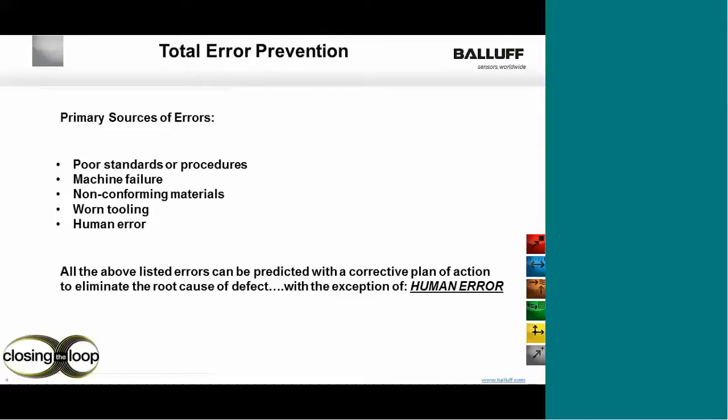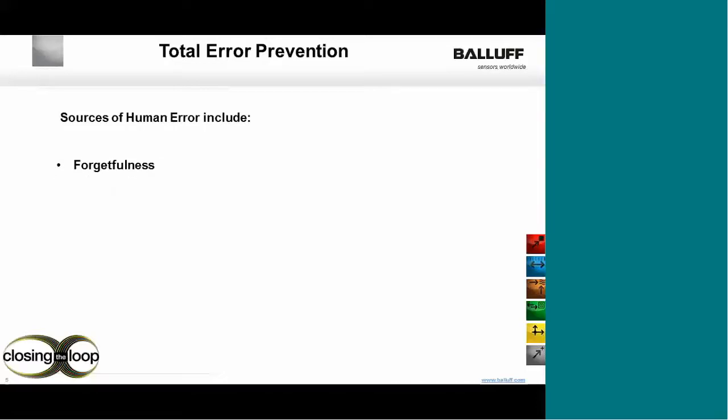So essentially, all of those faults that are listed above can be resolved easily with a plan of action for error proofing, of course with the exception of human error. So sources of human error include forgetfulness. If there are unskilled or inexperienced individuals at the workstations, errors can certainly occur.